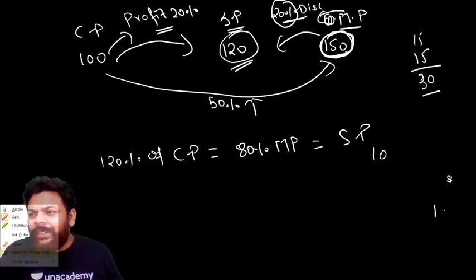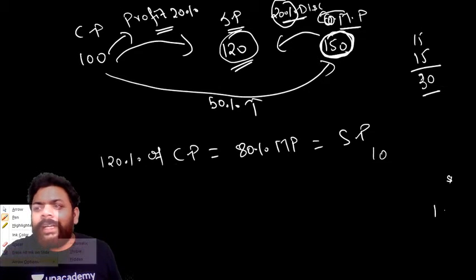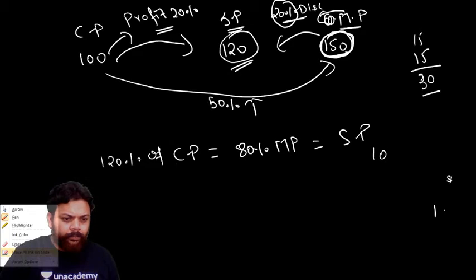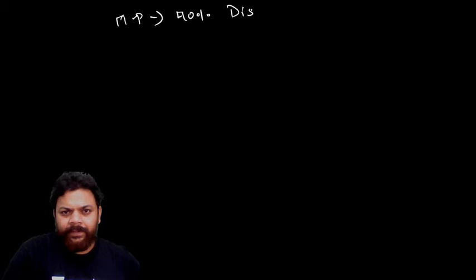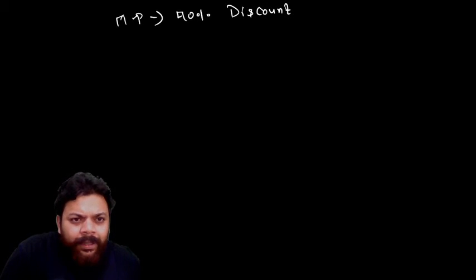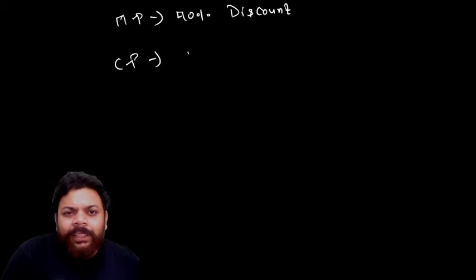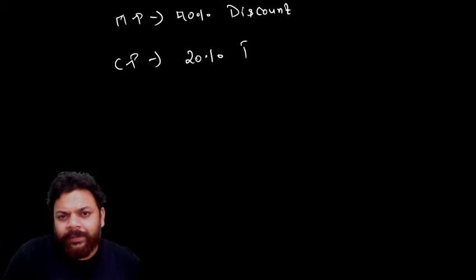Yeah, after that we can find the ratio of MP and CP. That's not an issue. That's the reason I am explaining this equation. So just try to think, if I say I have given a 40% discount on marked price and still I am able to get a profit of 20%.